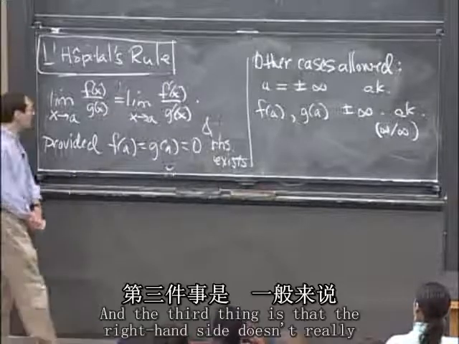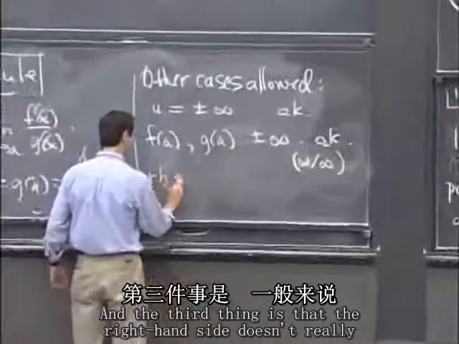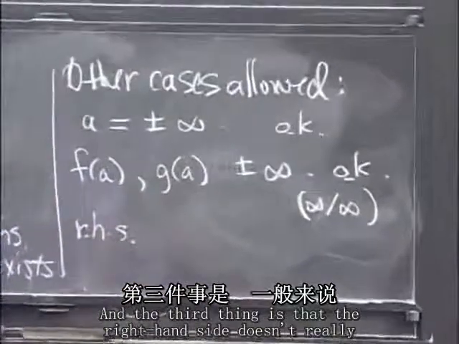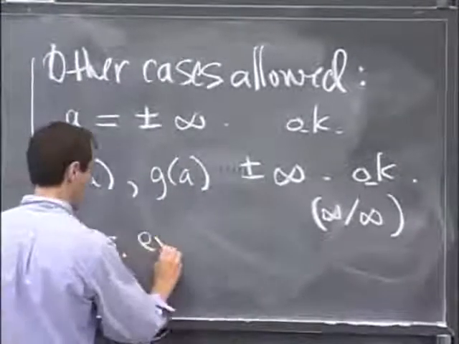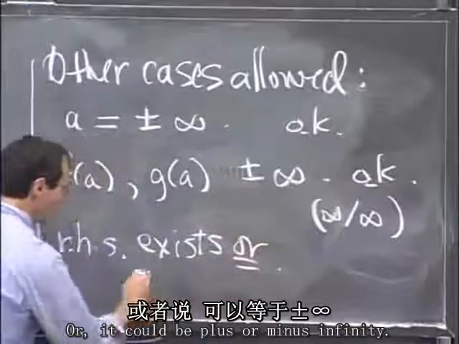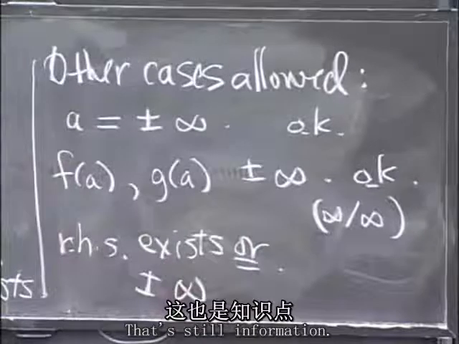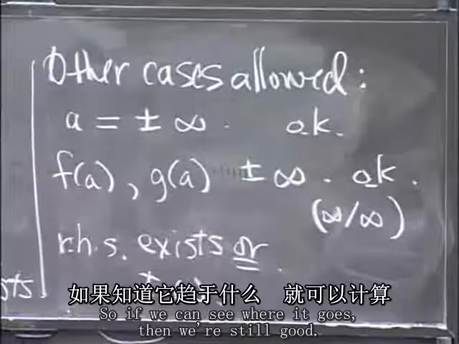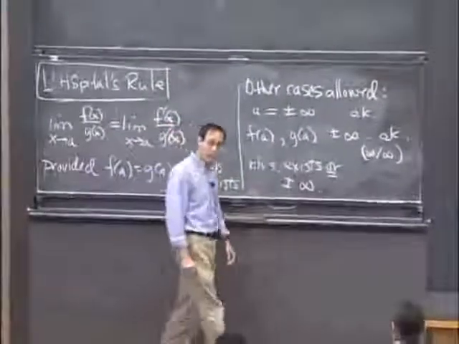All right, that's a very powerful tool and quite different from the other cases. And the third thing is that the right-hand side doesn't really quite have to exist in the ordinary sense. Or it could be plus or minus infinity. That's also okay. That's still information. So if we can see where it goes, then we're still good.